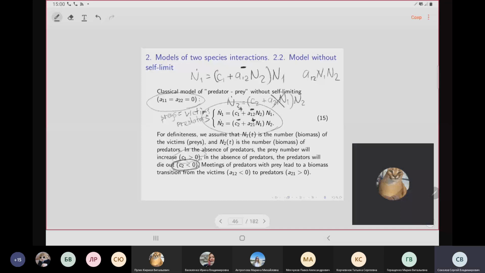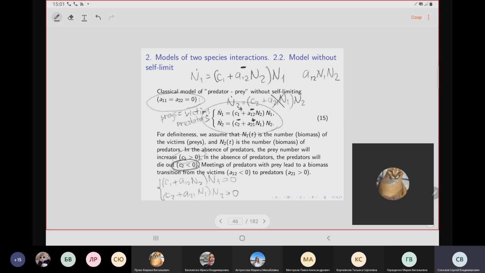To get the steady states, we have to solve the equations C1 plus A12 n2 n1 is 0, and C2 plus A21 n1 n2 is 0.